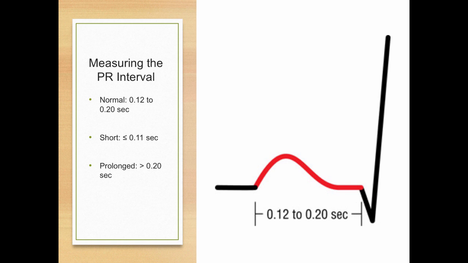So when we're looking at our 12 leads, the PR interval is 0.12 to 0.20 seconds. Anything shorter than that is going to be short. Anything longer than that is going to be long or prolonged. A short PR interval is anything less than 0.12, and a prolonged PR interval is anything greater than 0.20 seconds.